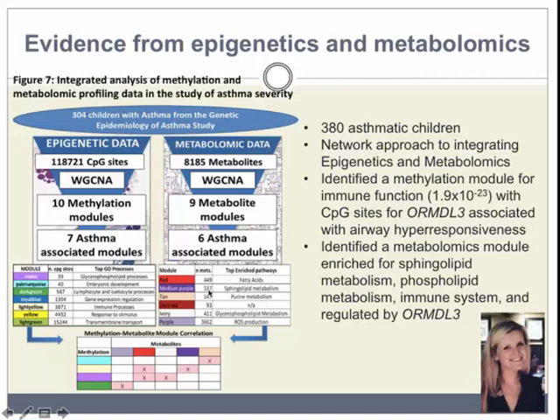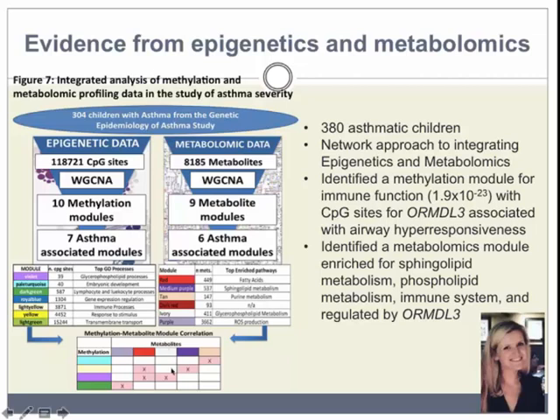But then this is the key thing. We can take those modules for metabolomics and those modules for methylation and ask the question, do they overlap? Is there actually an overlap between some of the epigenetic modules and the metabolomic modules?